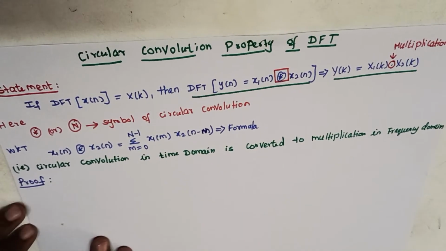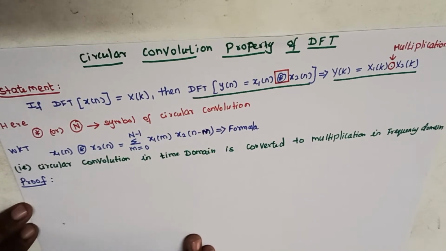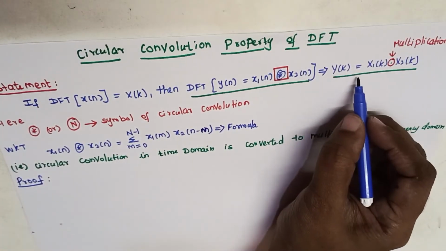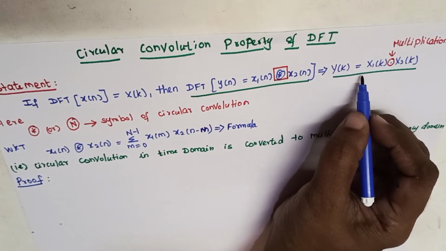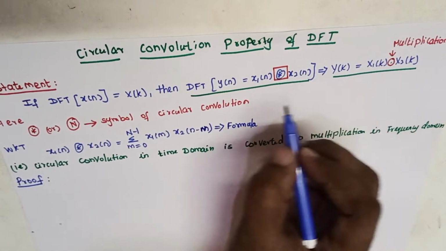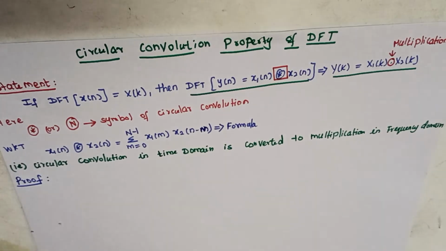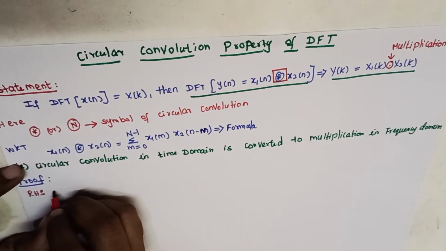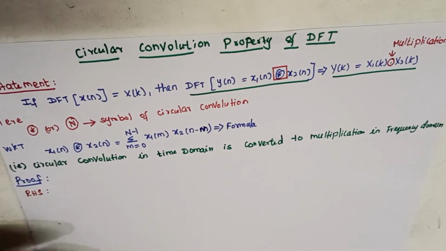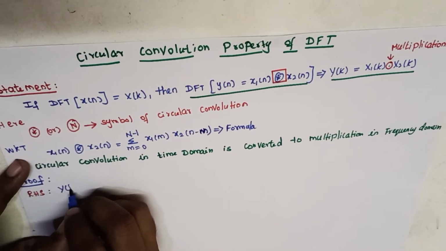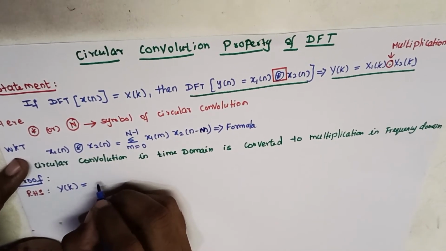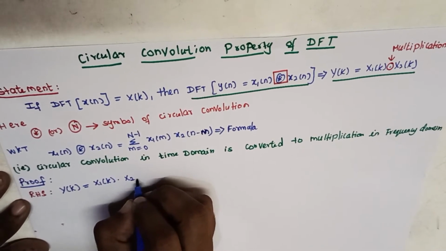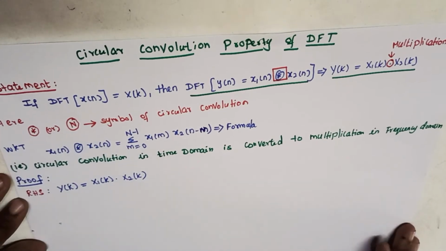And for proving the circular convolution property, we are going to consider the right hand side of the statement, and from this right hand side we are going to prove the left hand side. So let us take the RHS, which is y of k is equal to x1 of k into x2 of k.